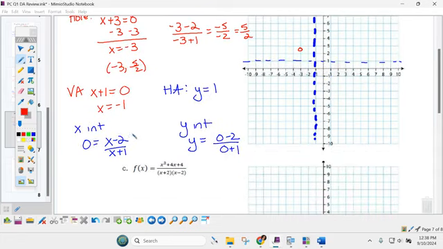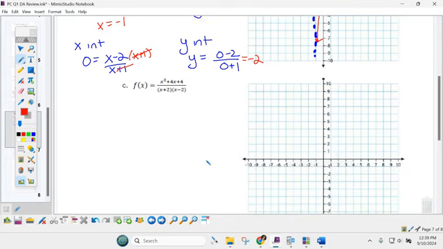Oh, I'm almost out of space. Okay. Multiply both sides by x plus 1. So this x-intercept is going to be at +2. The y-intercept is at -2. That's good. They're both on the same side of the asymptotes here. There's our graph.